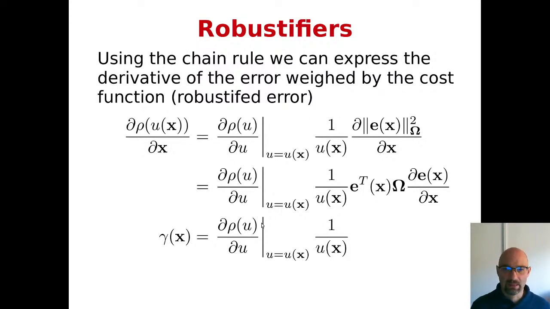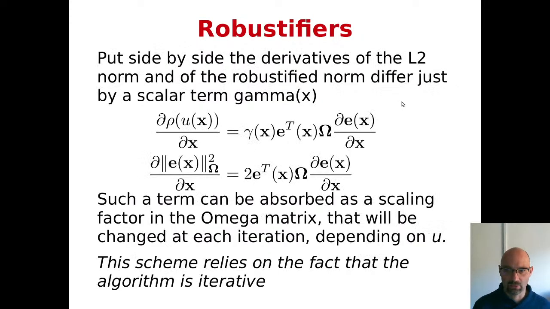By setting all this block over here, this gigantic soup, to gamma, we could more compactly rewrite this equation as gamma that multiplies the derivative of the squared norm, which is the function that we were minimizing in Gauss-Newton.